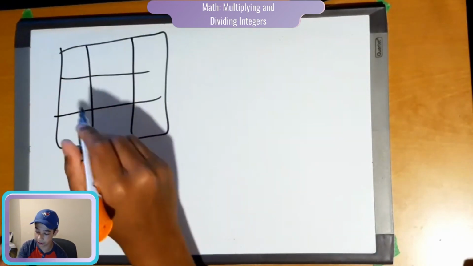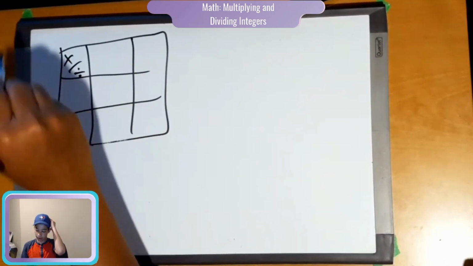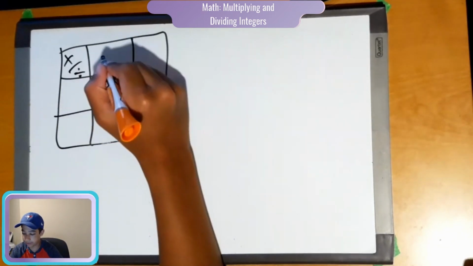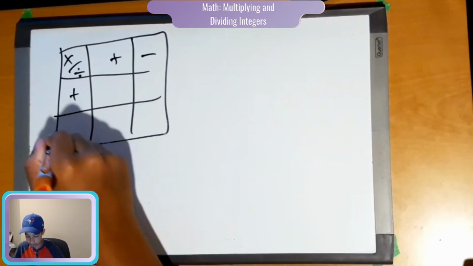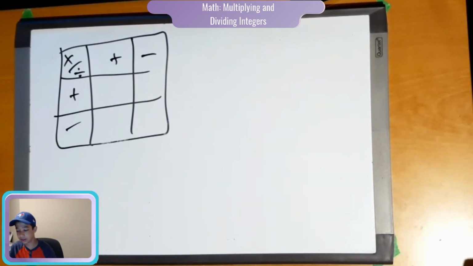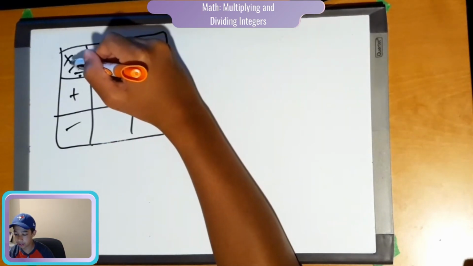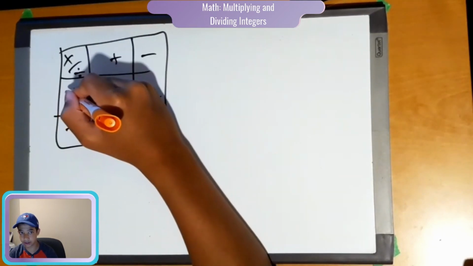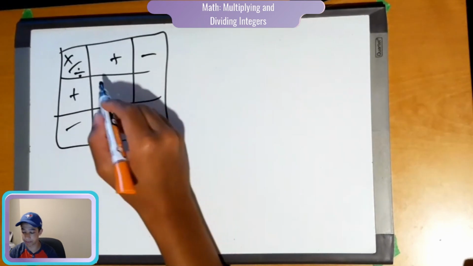In the top here, you're going to have multiplication and division. So you multiply or divide, whatever. We're going to put a plus here, and a minus here, a plus here, and a minus here. So if you're multiplying or dividing two positive numbers, you're going to end up with a positive number.